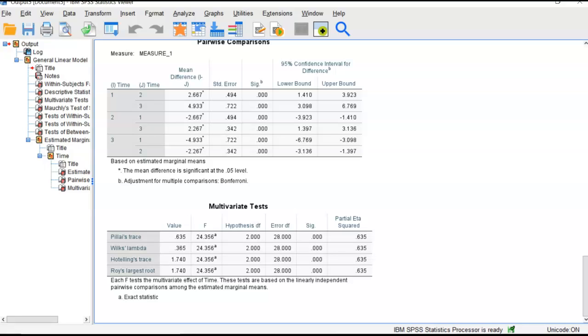So, for example, a one-way repeated measure ANOVA was conducted to compare scores on the fear of statistics test at time 1, time 2, and time 3. There was a significant effect for time, and then you report the Wilks lambda value and the F-test result associated with it. And you also provide the multivariate partial eta squared.